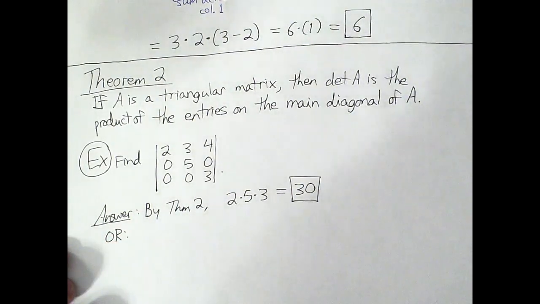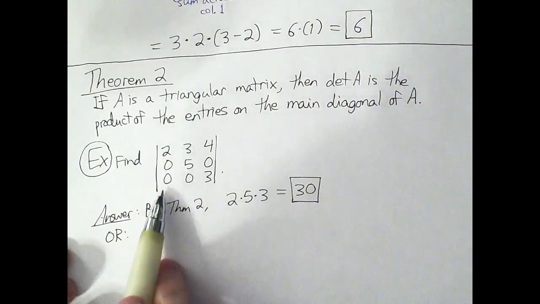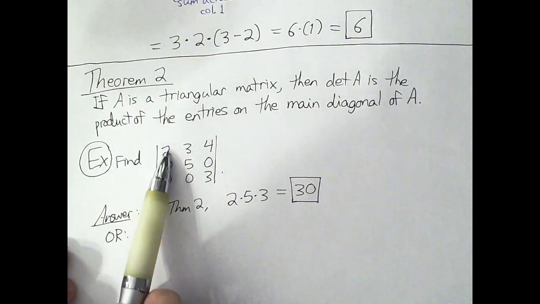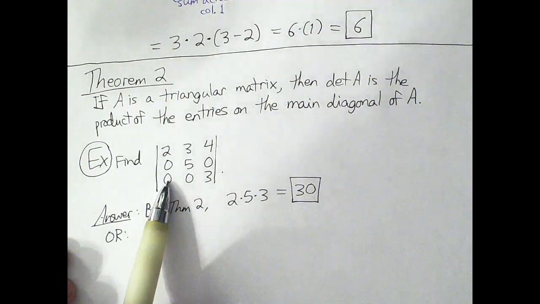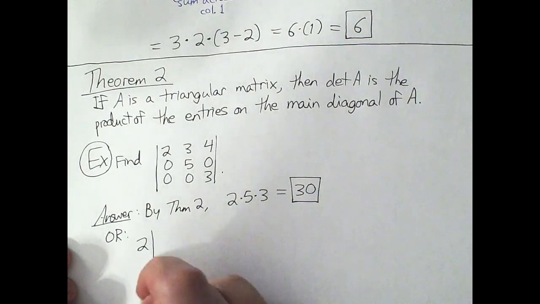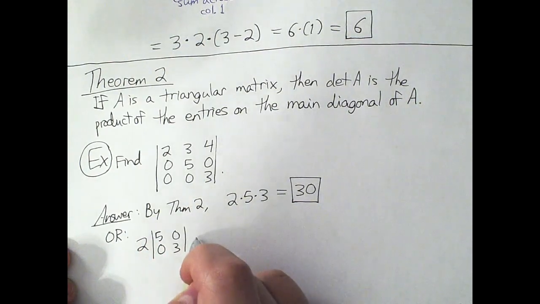What if I did cofactor expansion across the first column? The first column has the most zeros. If it's a triangular matrix, then the first column is going to be a very convenient one to work with. So I'm going to do cofactor expansion down the first column. So 2 times determinant of this submatrix minus, do we need to do the rest?